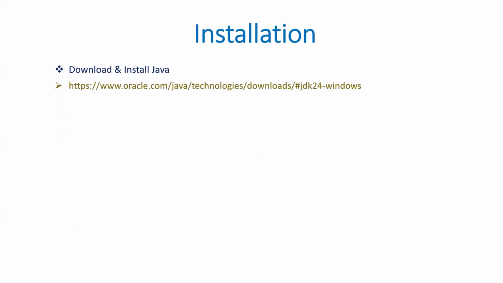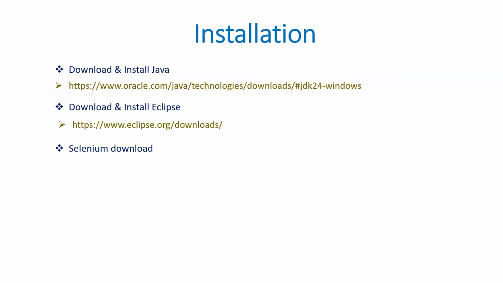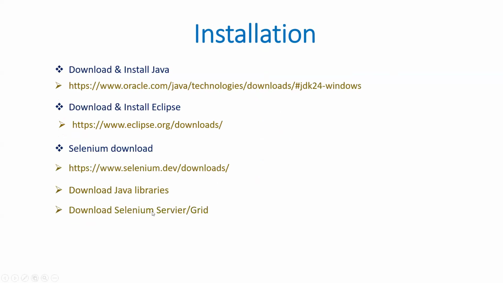And next, we have seen that we installed Java in our systems, and we installed the latest version of Eclipse. Then we downloaded the Selenium server from this URL. Java libraries we downloaded, and it is the Selenium server, which is nothing but WebDriver.